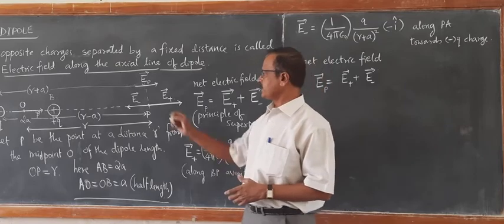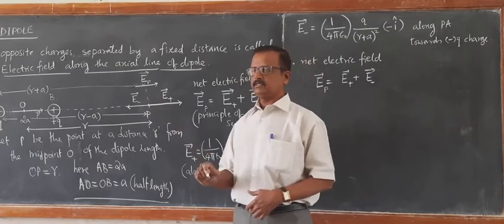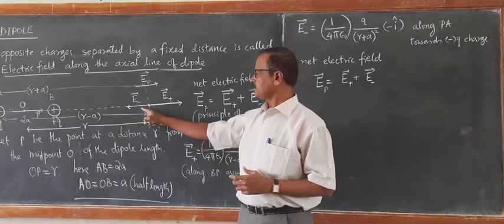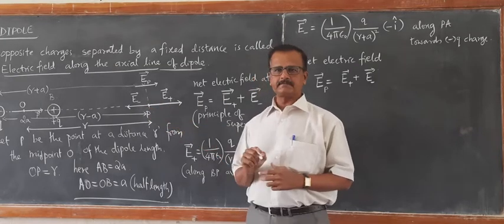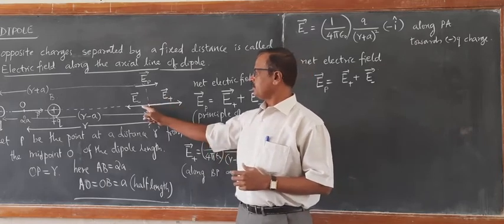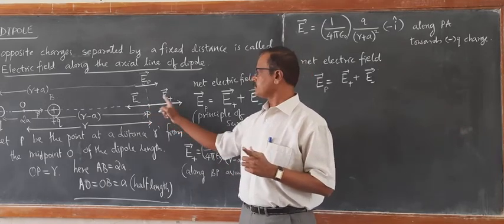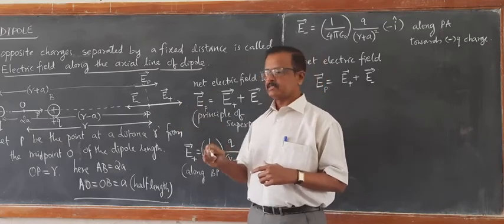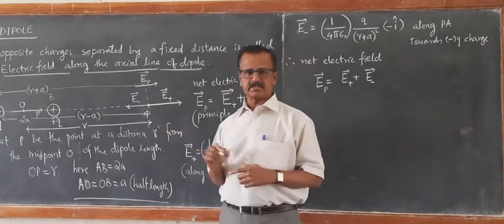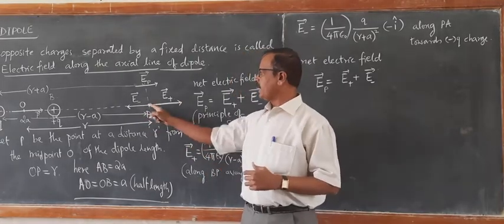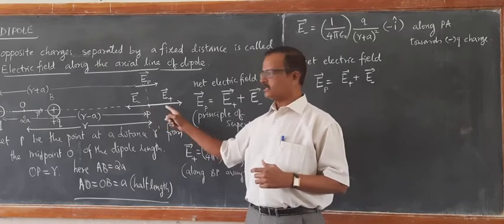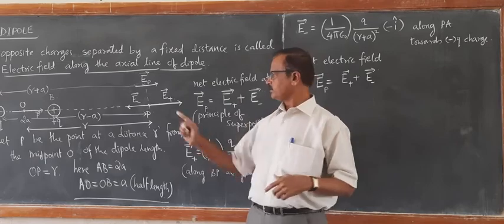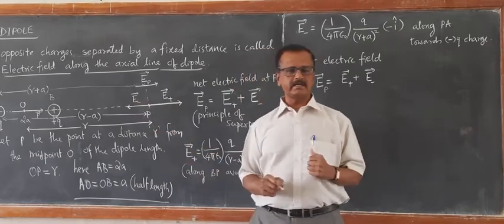Therefore, since the vectors are exactly in the opposite direction, the net electric field will be the subtraction of the shorter vector from the longer vector. If they were acting in the same direction, then they would be added. The angle between them is 180 degrees. Therefore, cos 180 is minus 1. Therefore, they will just be subtracted.